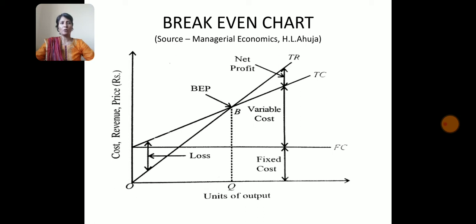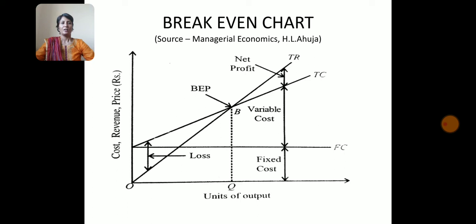Linearity of the total cost curve results from the assumption of constant variable cost. It should also be noted that the total revenue curve is drawn as a straight line through the origin, while the total cost curve is a straight line originating from the vertical axis, because total cost comprises fixed cost plus variable cost which rise linearly.